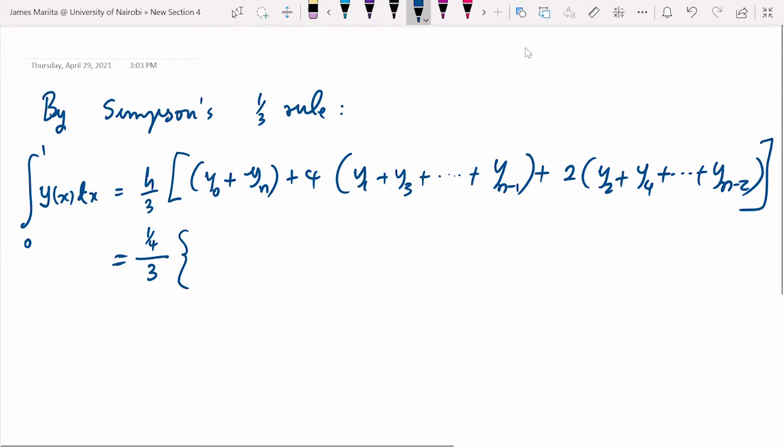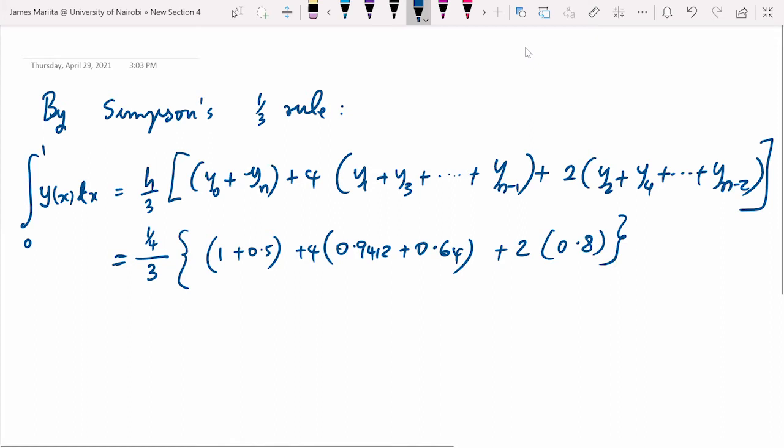Then we have y naught plus yn, so that will be 1 plus 0.5, plus 4 times y1, 0.9412 plus y3, which is 0.64, plus twice y2, which is 0.8. And when you work out this, you get 0.7854.